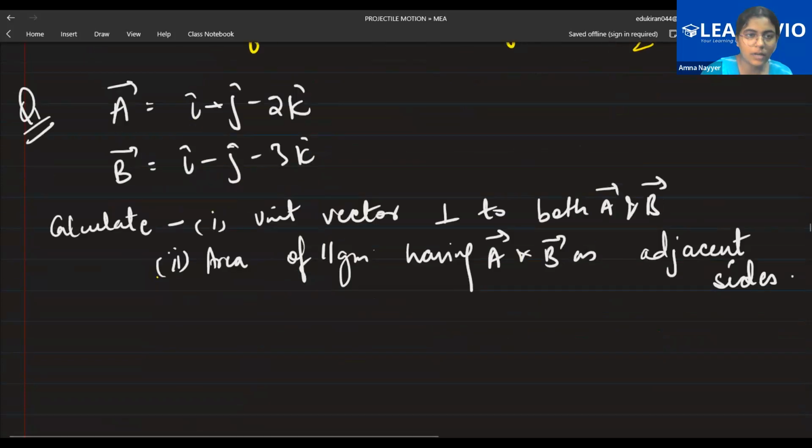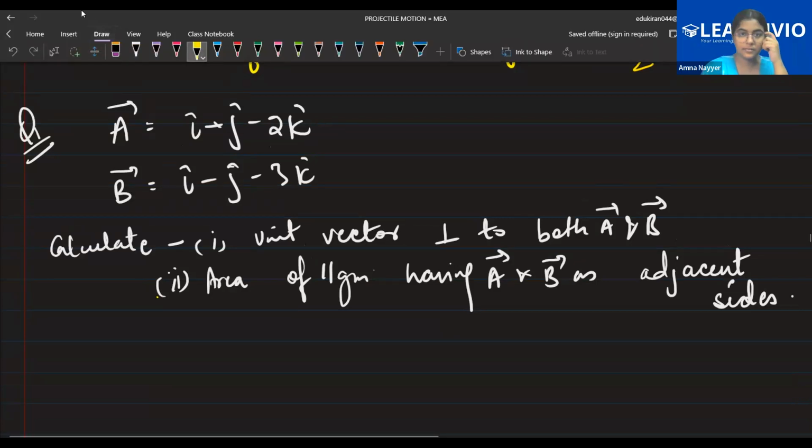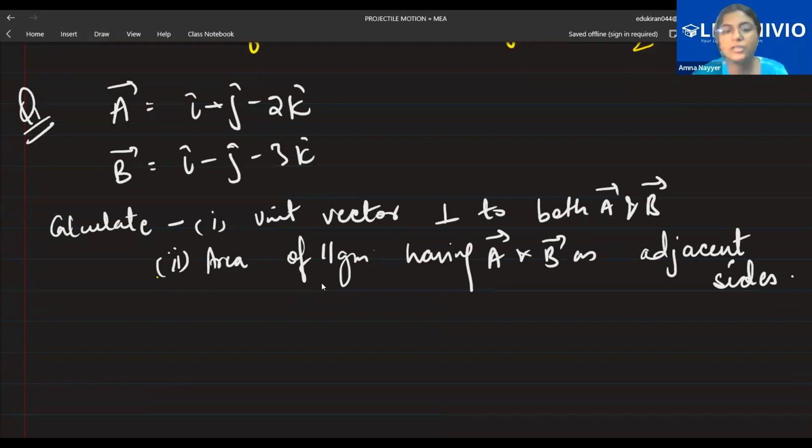Find A cross B and the area of the parallelogram having A and B as adjacent sides. So you have to calculate the unit vector and then the area of the parallelogram. This I'll discuss. You basically have to find out the cross product.